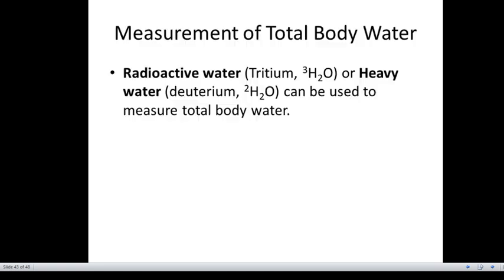So let's first begin with the measurement of total body water. Radioactive water or heavy water can be used to measure total body water. These forms of water mix with the total body water within a few hours after being injected into the blood. Then the dilution principle can be used to calculate the total body water.